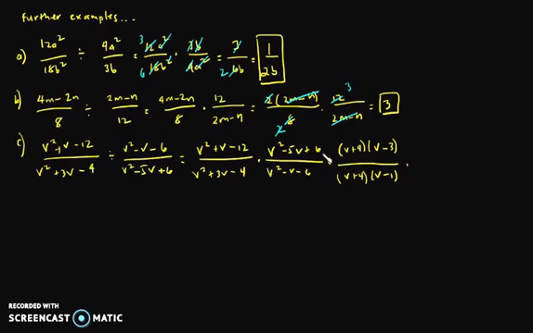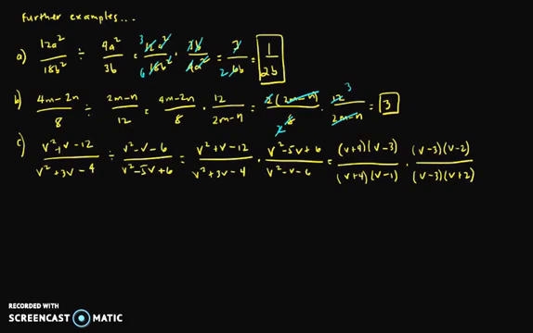For the next one, product 6 and sum negative 5 gives negative 3 and negative 2, so b minus 3, b minus 2. All over, for negative 6 with sum negative 1, that is negative 3 and positive 2.